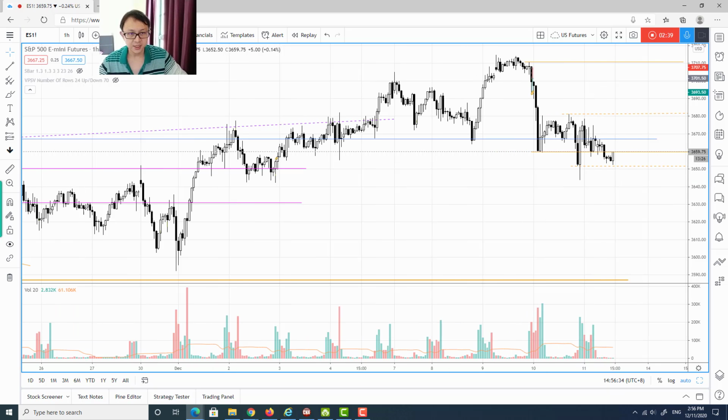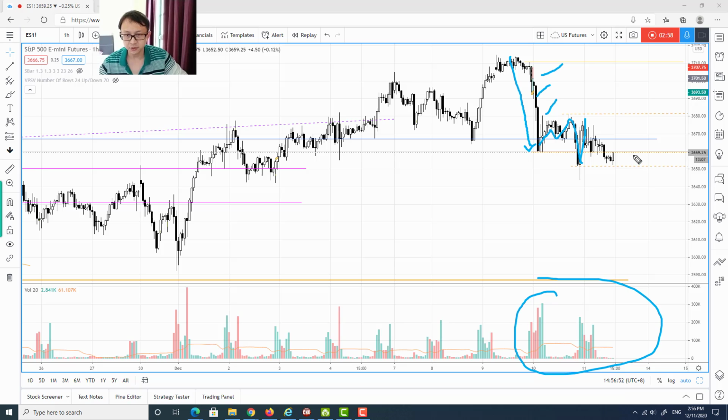So we can see that for the past two sessions, supply has definitely been increasing. That actually reflected in the result as well. The session is relatively volatile with big spread bearish bars, and we can also see a lot of swings up and down there.